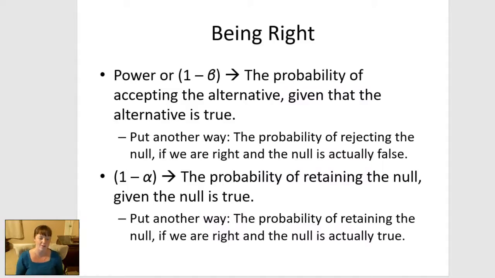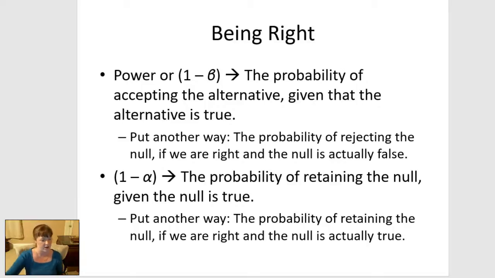And so think about power and 1 minus alpha as the probability you're making a correct decision no matter what decision you make, right? Here's power. It's the probability of rejecting the null and being right, going with the alternative, and that being a good decision if you choose to reject the null and go with the awesome alternative. 1 minus alpha is the probability of making a correct decision if you are going to stay with the null, fail to reject the null, and not go with the alternative.